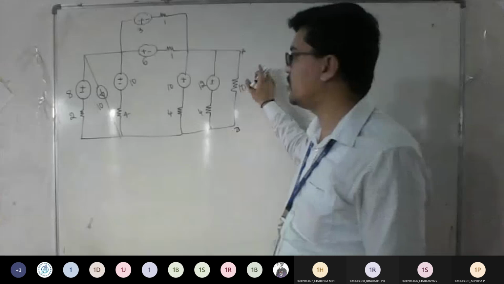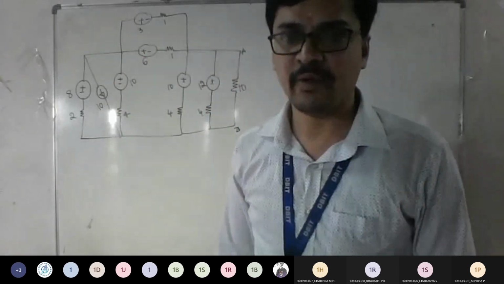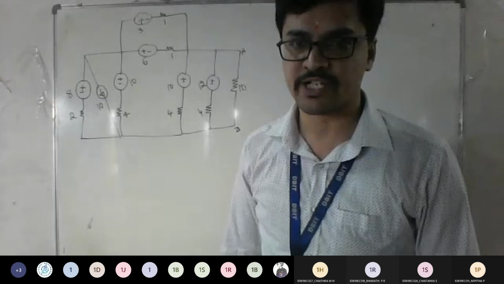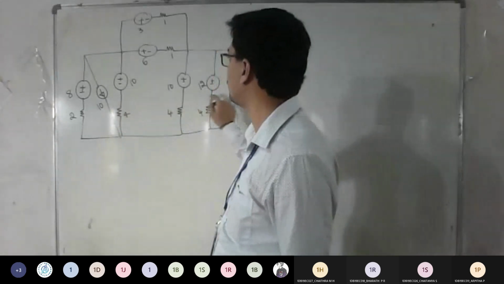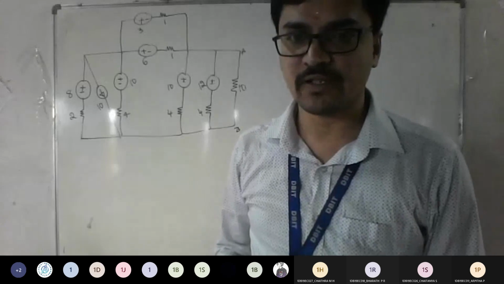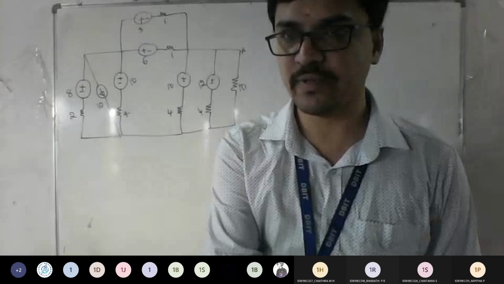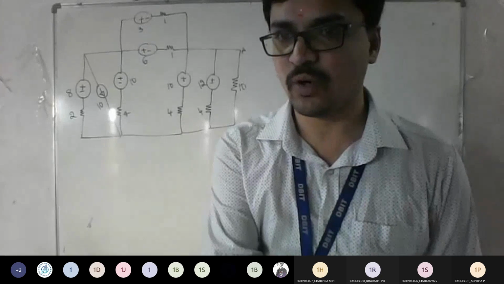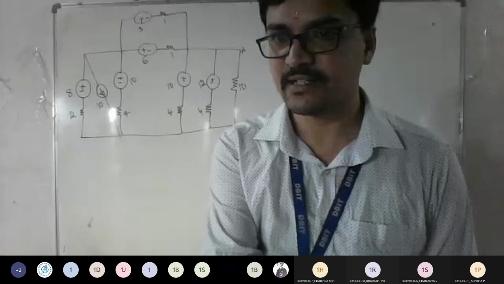Except this 10 ohm, all the remaining you're supposed to reduce to a single mesh. If you look at this, there are 1, 2, 3, 4, 5, 6 meshes. If you apply your KCL logic, how much complexity will there be? That we need to overcome. That is why the source transformation technique is there.